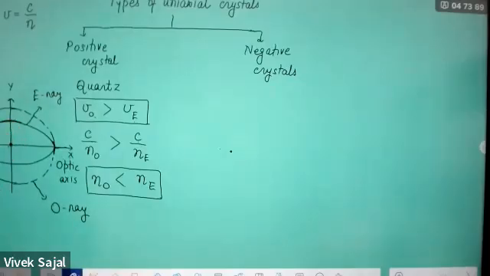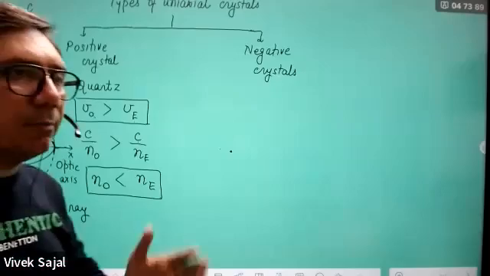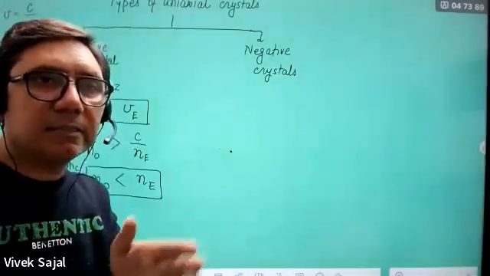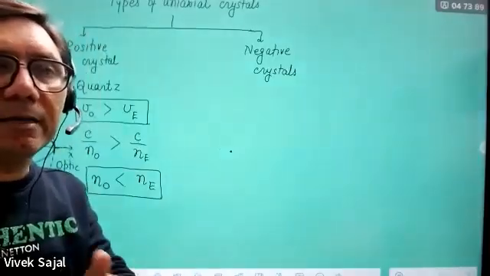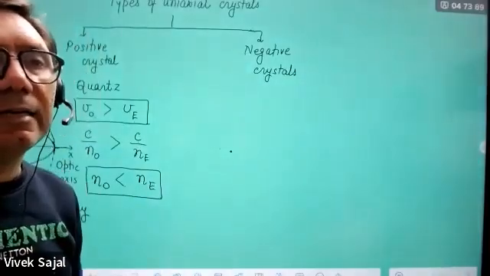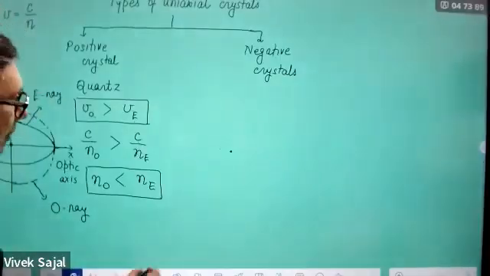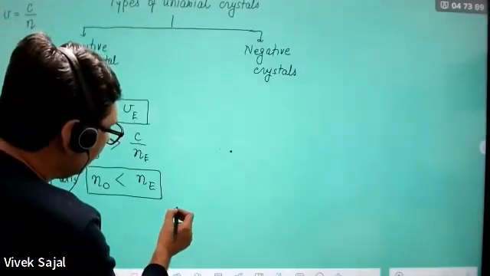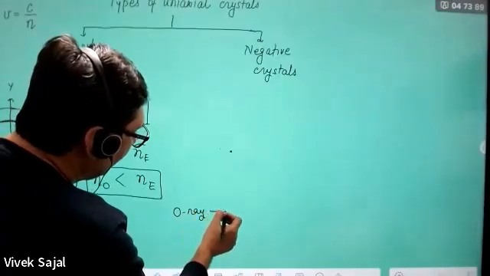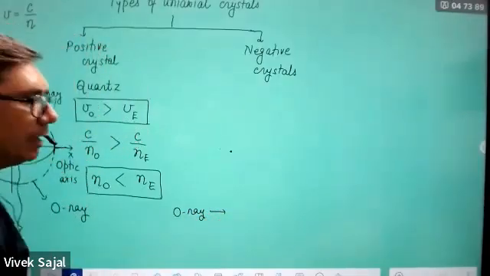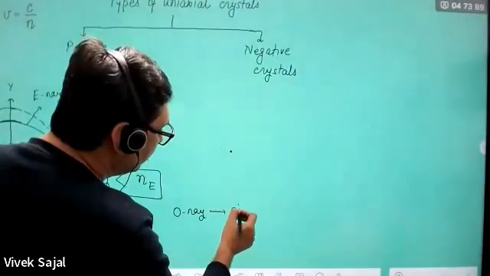So for E ray, it is ellipsoidal. What type of wavefront is E ray exhibiting? That is ellipsoidal. And what type of wavefront is exhibited by the ordinary light? That is spherical. So here you can write O ray. ठीक है ना? What type of wavefront do these O rays have?